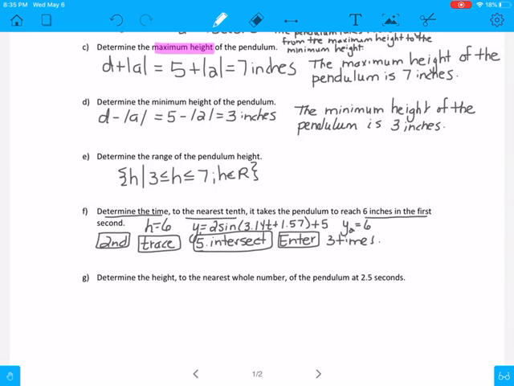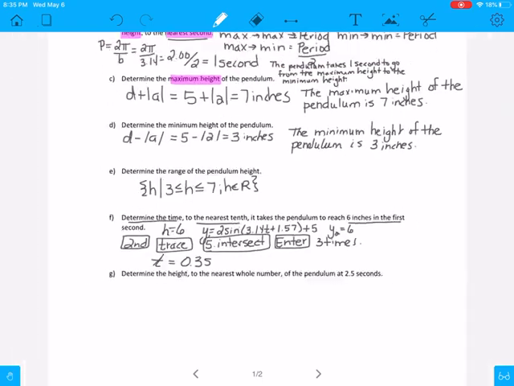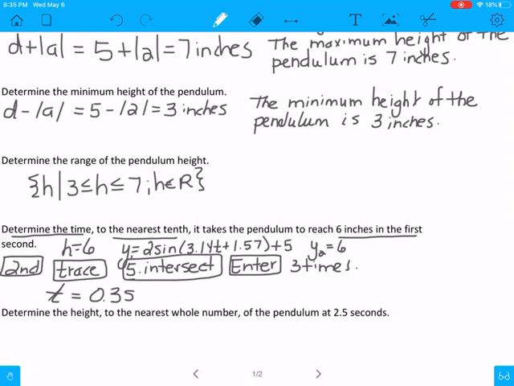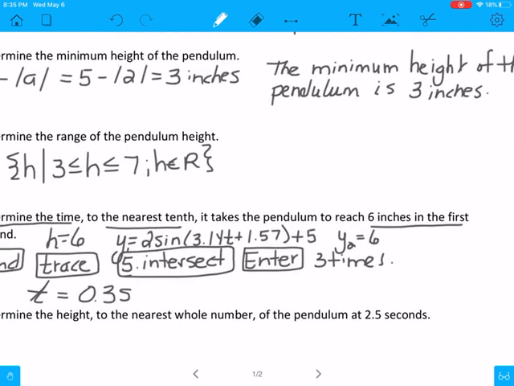So I'm going to get x, which is t in this case, t equals 0.3 seconds, because time is in seconds. So determine how long to the nearest tenth it takes the pendulum to reach 6 inches in the first second.